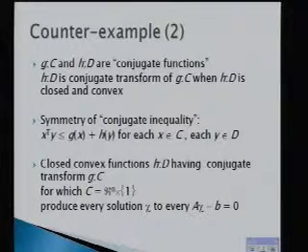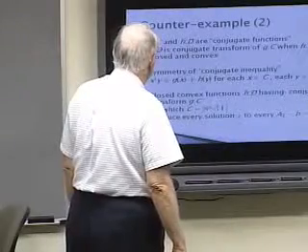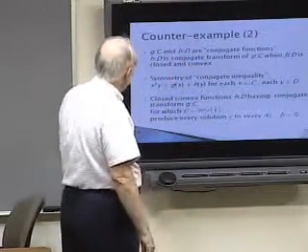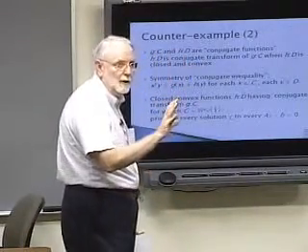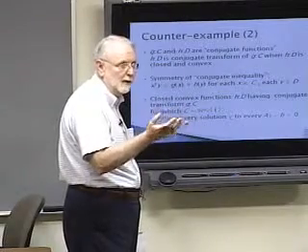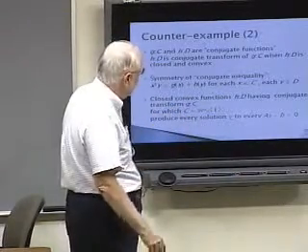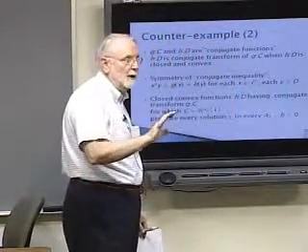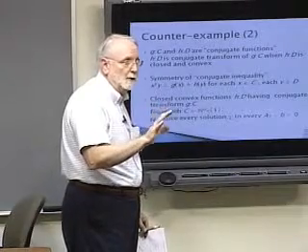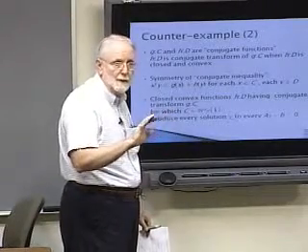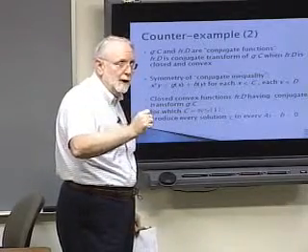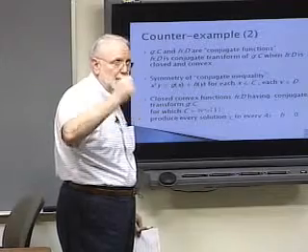Counterexample 2. I don't know why that's counterexample there. I'll just read these statements. G, C, and H, D are called conjugate functions. Those of you who know about this already know that if h is a closed convex function, not only convex, but closed, all closed means is it's lower semi-continuous, or a better way of looking at it, the set of all points on or above the graph of the function, called the epigraph, is a closed set.